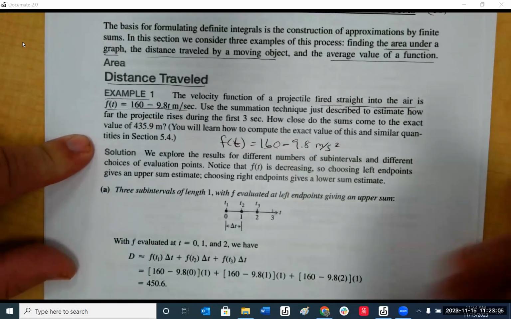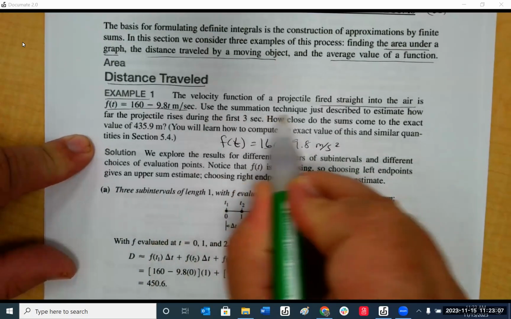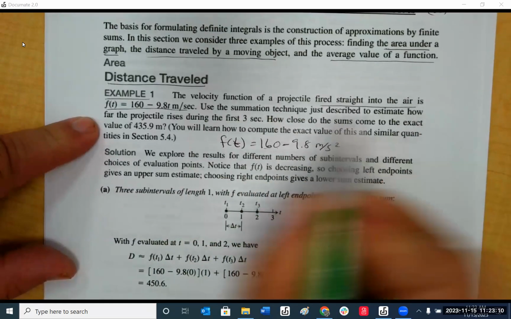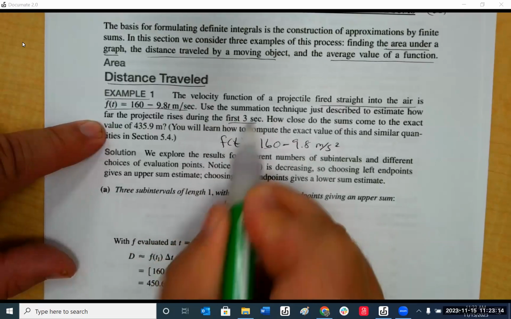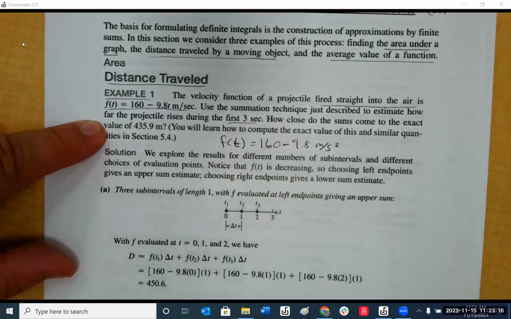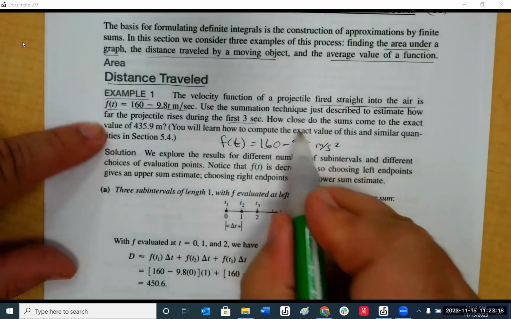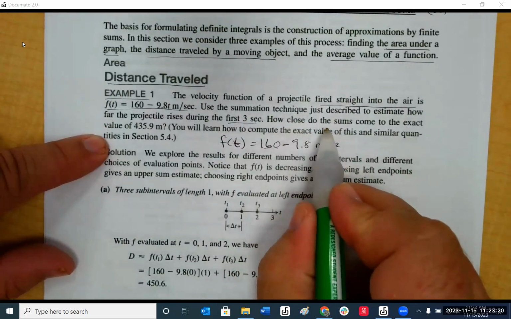Using the summation techniques just described, estimate how far the projectile rises during the first 3 seconds. So second 1, second 2, second 3. So we know the first interval.